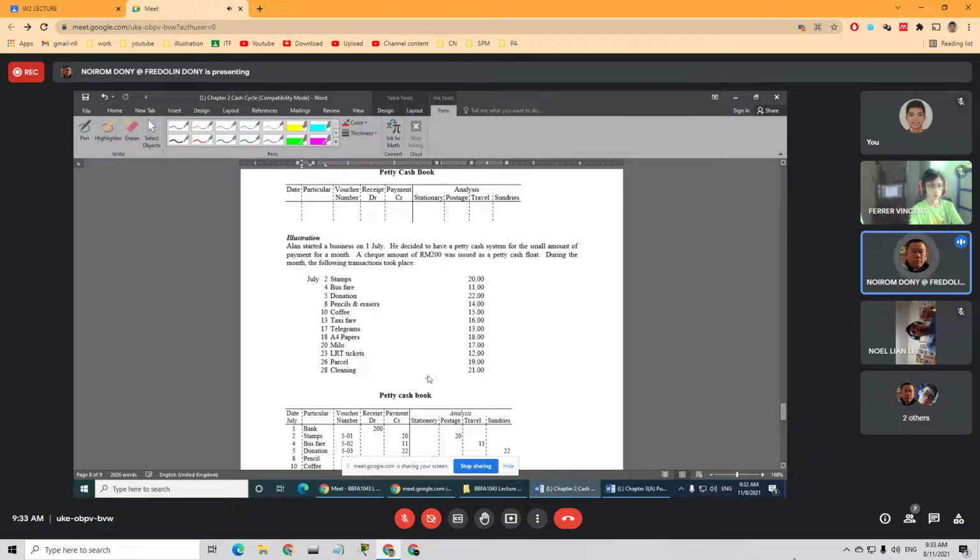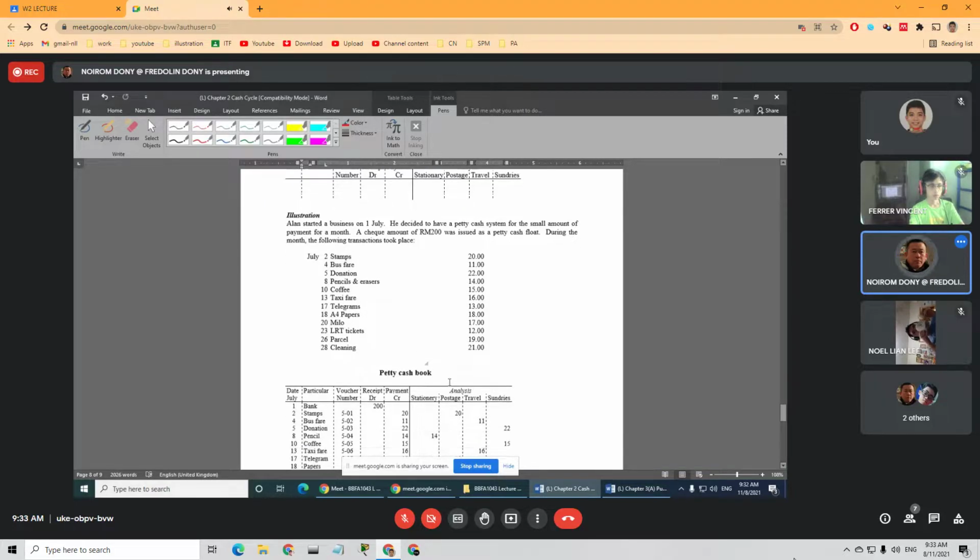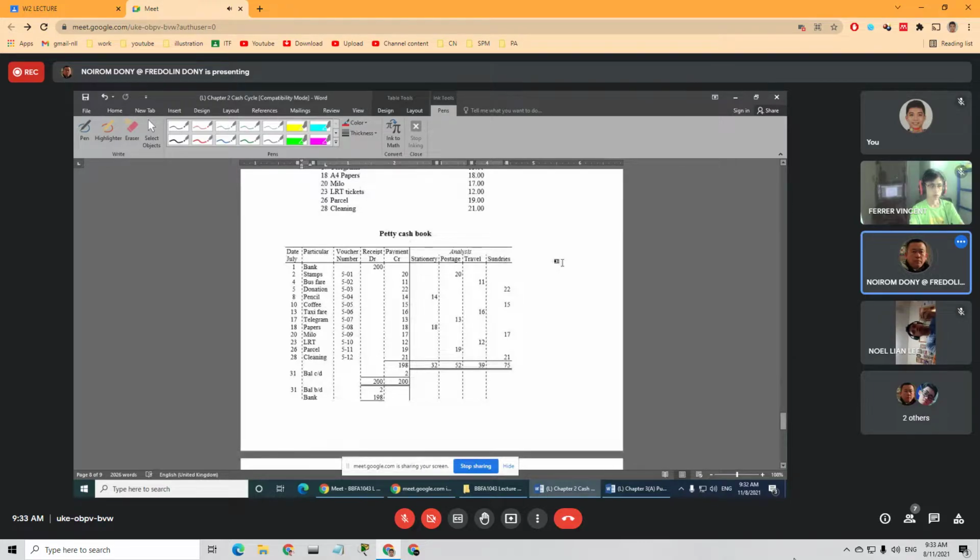So now we do the recording in the petty cash book. Follow the format. We are using columnar form. We have a date column to record all the dates of the transactions. Particular column, this is to record the type of expenses that we have paid. And then voucher number, referring to the petty cash voucher.